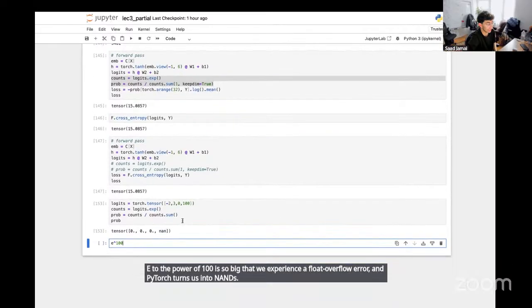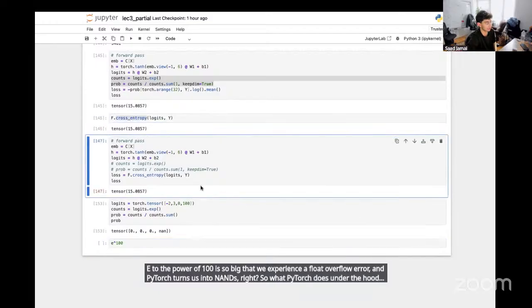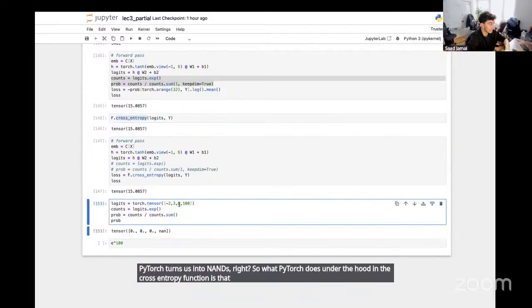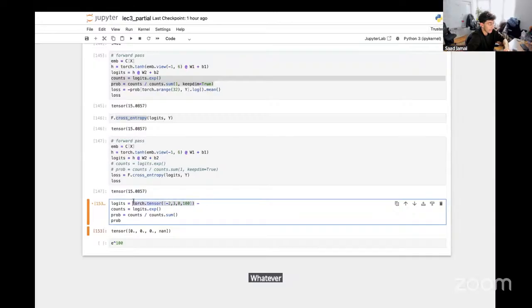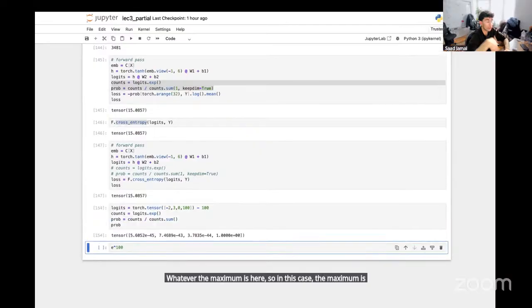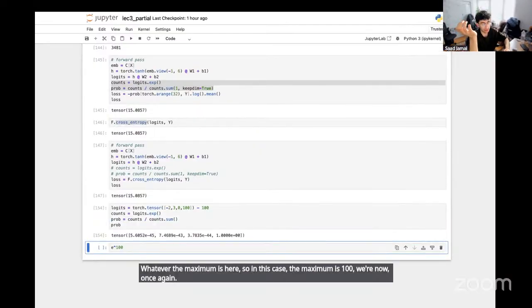So what PyTorch does under the hood in the cross entropy function is, instead of allowing this to happen, we normalize the vector by subtracting the maximum, which in this case is 100, and we're now once again numerically stable. Logits are something you can shift linearly with no problem.